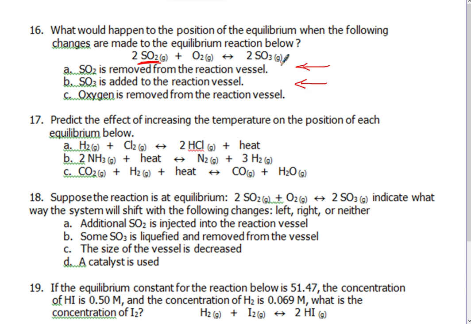Yes, if we add SO3, it's going to shift to the left to get rid of what we just added. All right. And then oxygen is removed. It's going to shift to the left. In case you weren't paying attention, the answer was left, left, left.